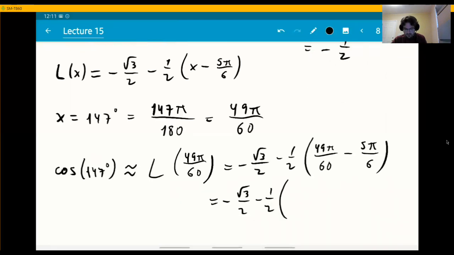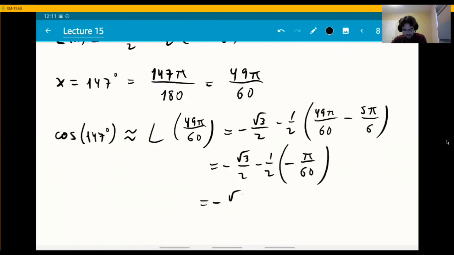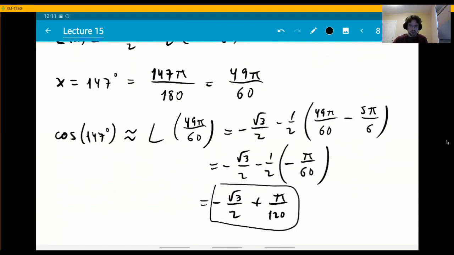Let's see, 5 pi over 6 is the same thing as 50 pi over 60. So this will give you a minus pi over 60 with another minus in front, which will become a plus. And then 2 times 60 is 120. So there you have it. The approximate value for cosine of 147 degrees is this.